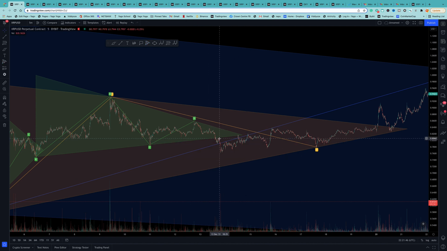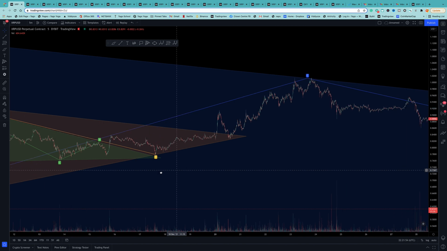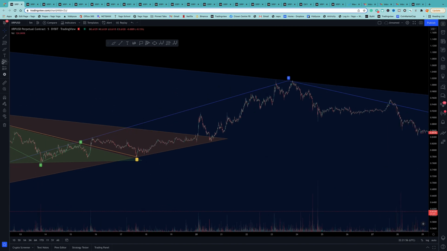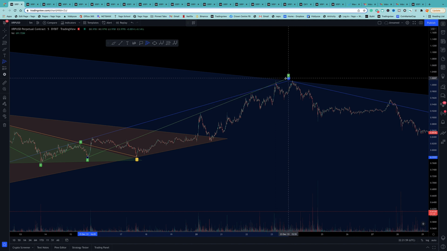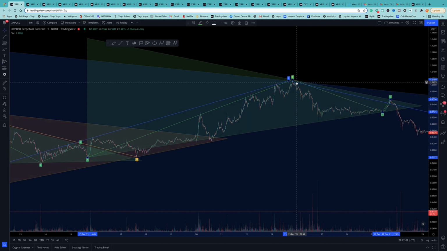How would you do this? Actually, I would bring this all the way to here. Bring this all the way to here. There we go. And then you would have this one here, all the way from here to there, and then to there, and there's your next breakout.